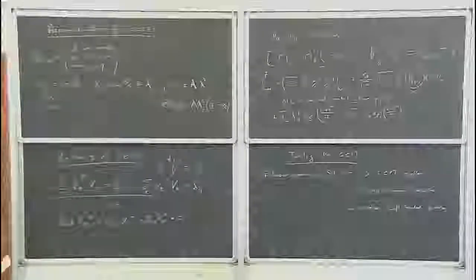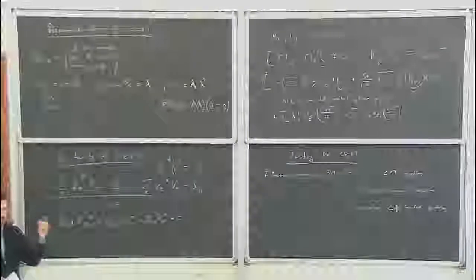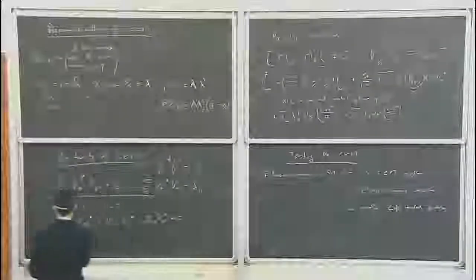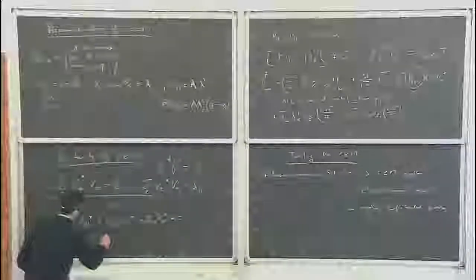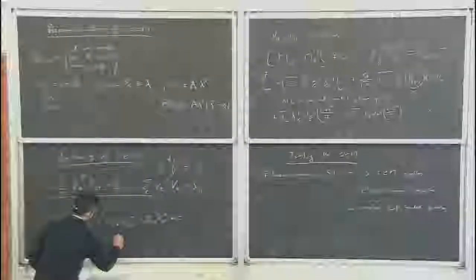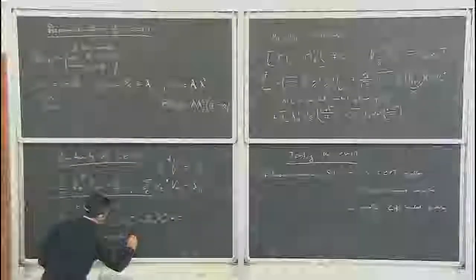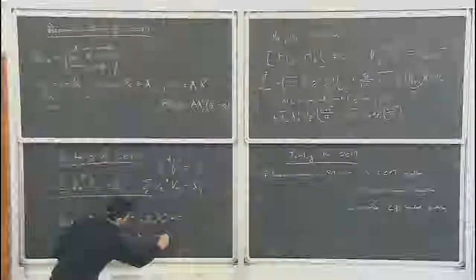Now you can check that all of these terms in the sum are of the same order in the lambda expansion. Okay. So all terms of same order in lambda expansion.